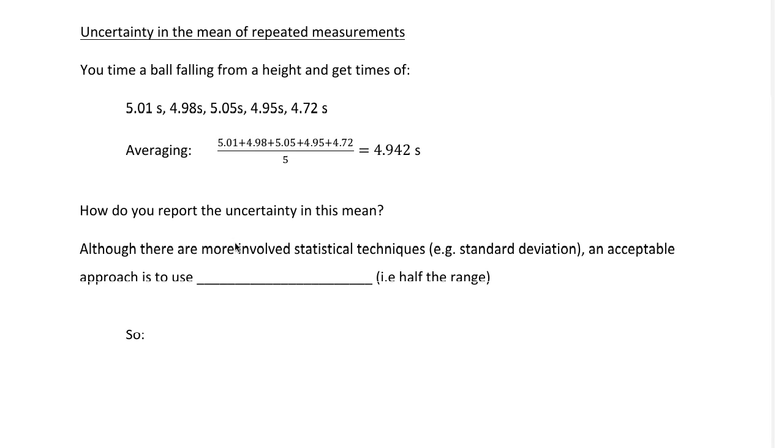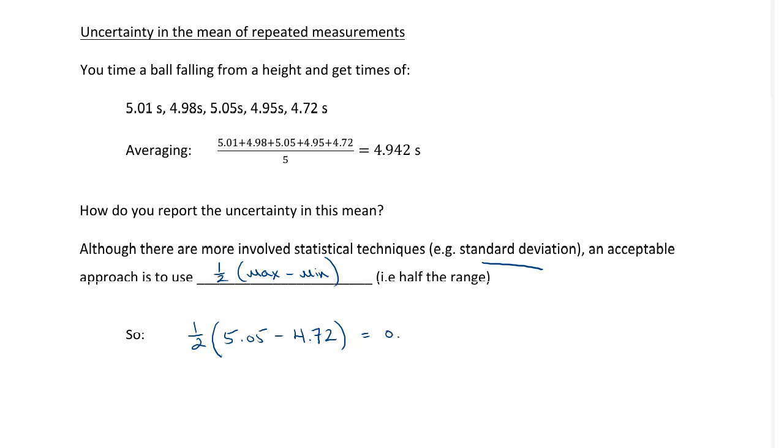There are more involved statistical techniques like standard deviation, which you can investigate, but an acceptable approach, and one that the IB uses, is to just use half the max value minus the min value. In other words, half the range, if the range is the maximum minus the minimum value. So in this example, we would take half by 5.05 seconds minus 4.72 seconds, our max and min values.